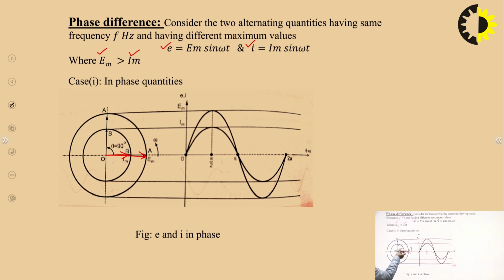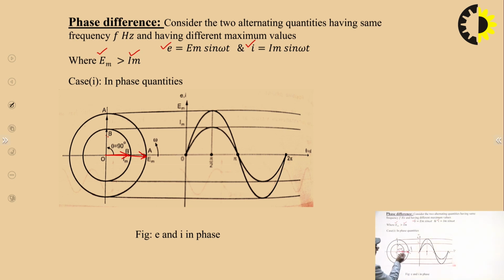So these phasors will be continuously rotating, and we can see that their projection on the y axis will be increasing simultaneously. At this particular time they will be completely aligned against the y axis, and their projection will be the peak value of EM here and the peak value of IM here.